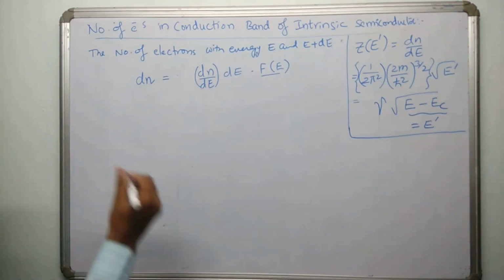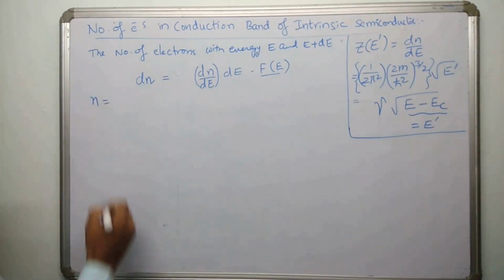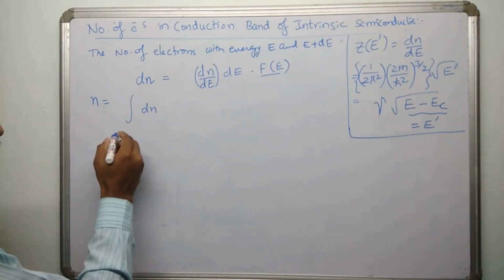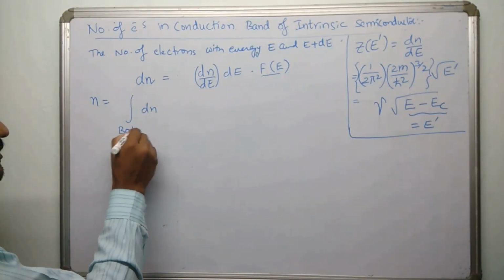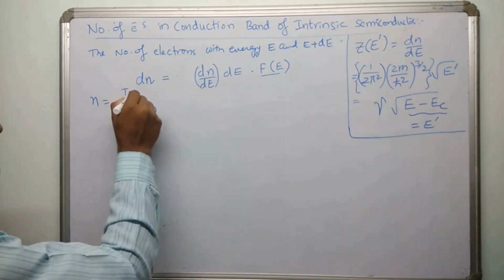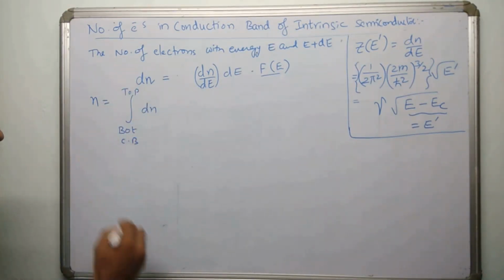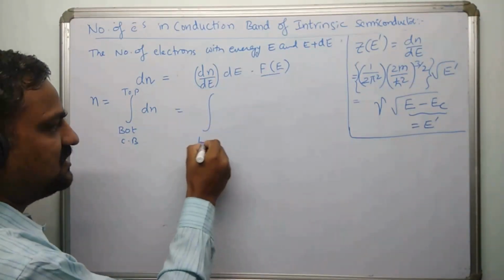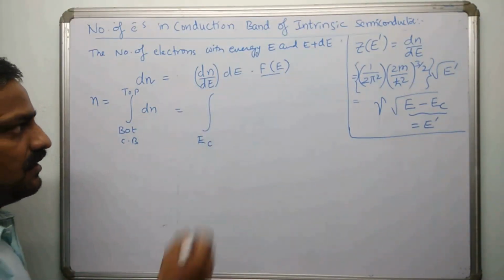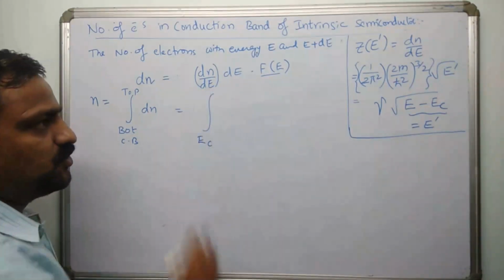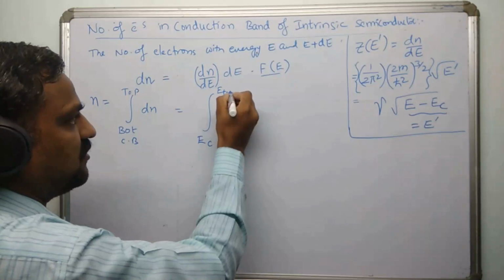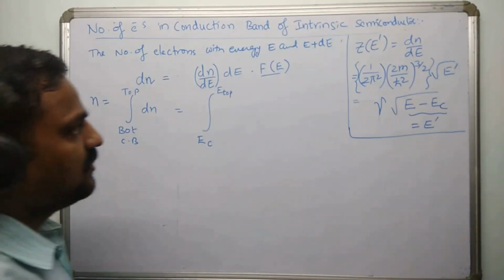Now, please recall that n is going to be the integral of this dn from the bottom of the conduction band to the top of the conduction band. You know the bottom of the conduction band lies at energy E equal to EC. And I don't know what is the topmost energy level, so let us say E top. For the time being, I'll call the topmost filled energy E top.